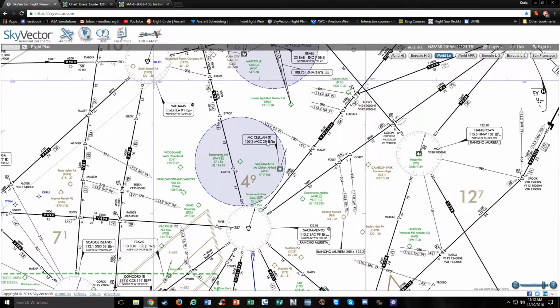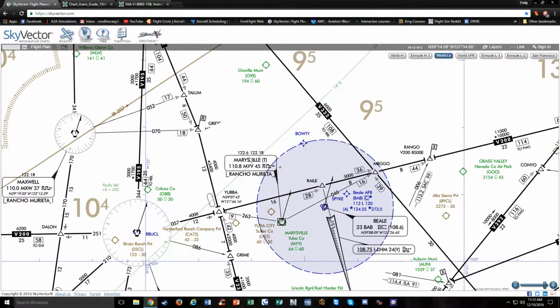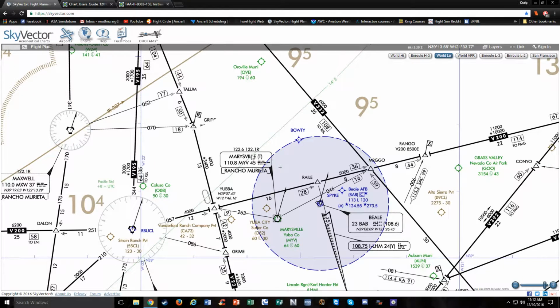There's other VORs where you can transmit over the frequency, so like at Marysville, you got Rancho Marietta Flight Service Station, and what you can do is this frequency with the R, that means they receive, so you transmit on 122.1 and you can listen to them over the VOR on 10.8. Or you can use frequency 122.6 and just transmit and listen like normal.